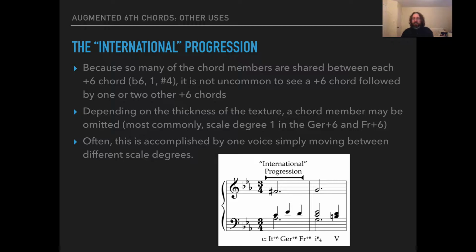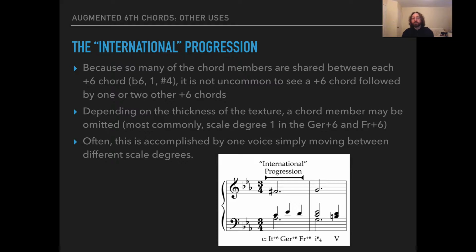Now if we analyze this, we see that the first chord created is A flat, C, F sharp. Le, Do, Fi, or flat 6, 1, sharp 4. That forms our Italian augmented sixth chord. Now when we leap to the E flat in that middle voice, and we have that chord member there, we have that flat 3 that's part of the German augmented sixth chord.